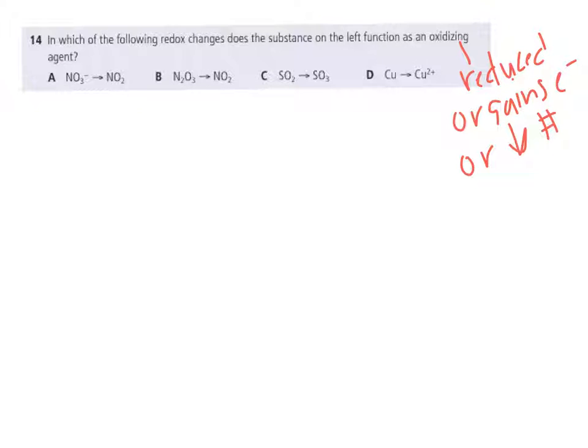NO3 minus means nitrogen's at a +5, NO2 means it's at a +4. So 14A has been reduced, therefore is an oxidizing agent. N2O3 means nitrogen's a +3, NO2 it's still a +4, so that is not.